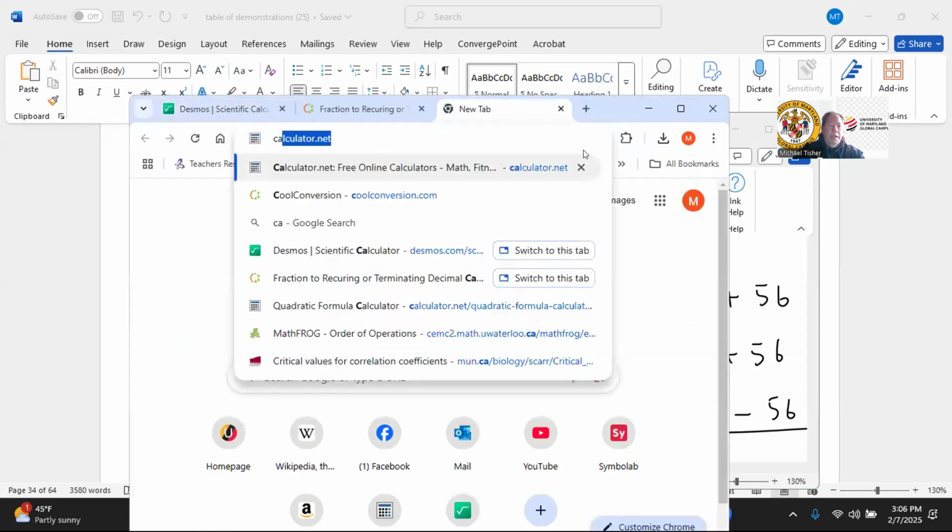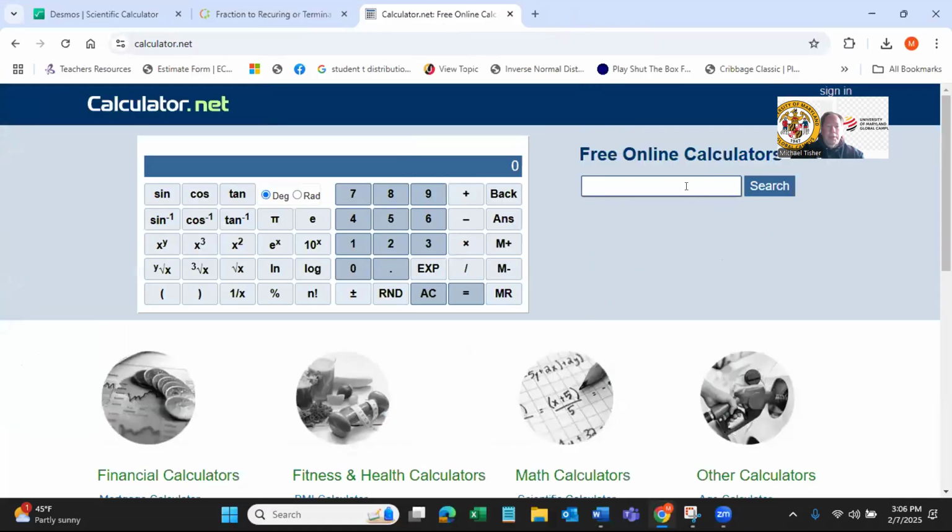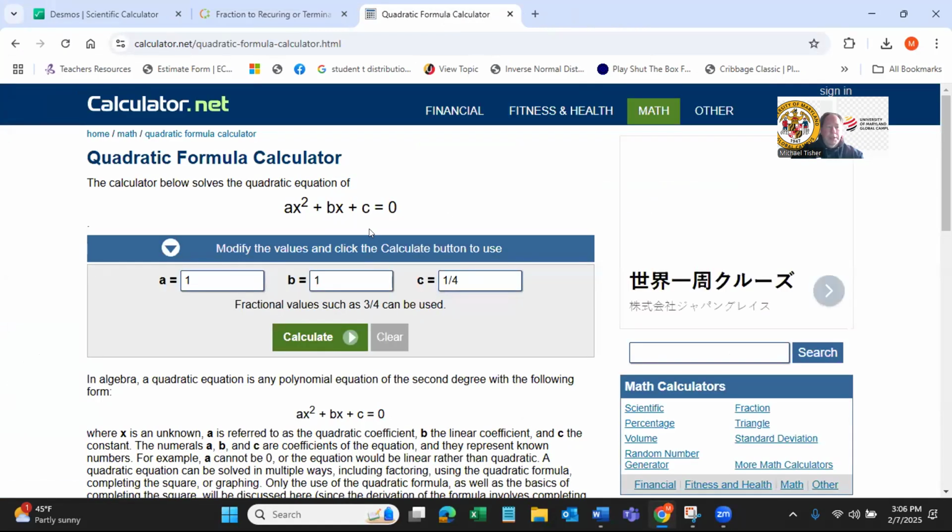All right, we can find one at calculator.net. And we'll do a search for quadratic formula. And here it is. And let's put the numbers in.